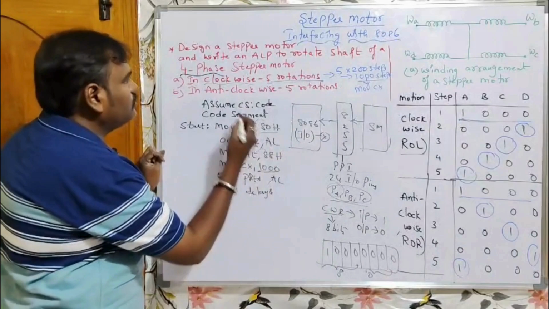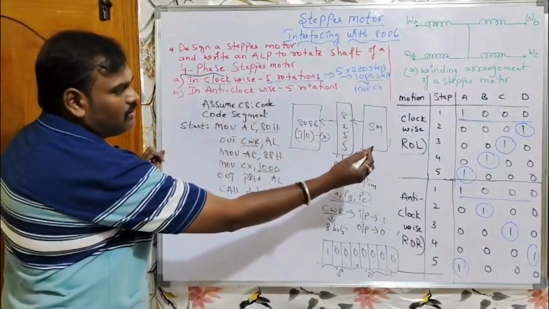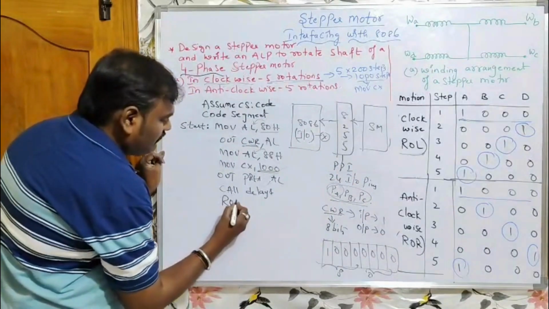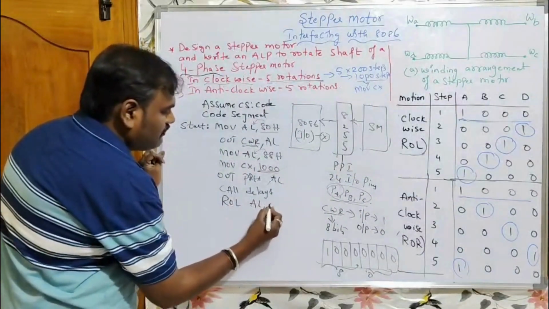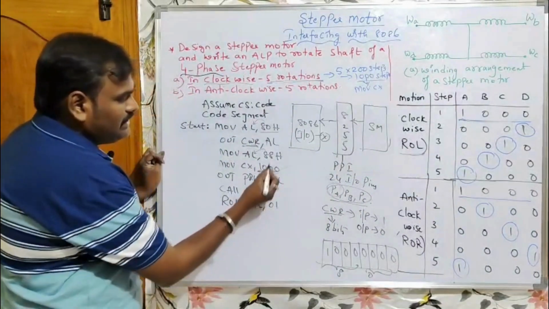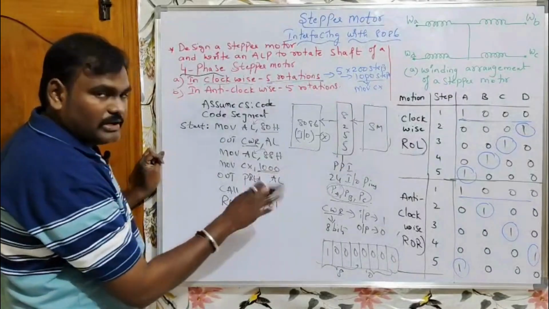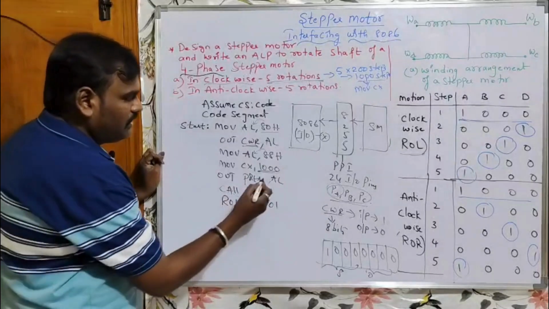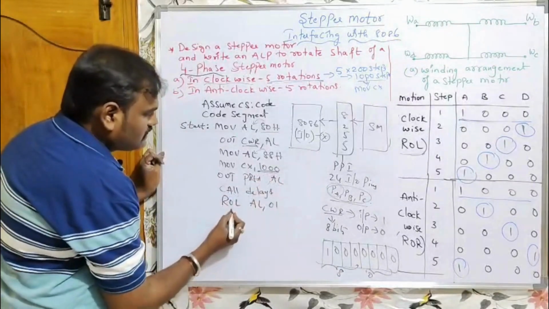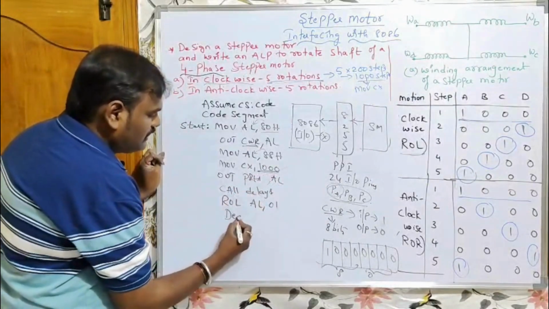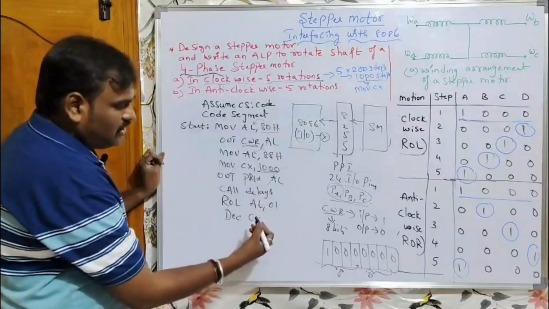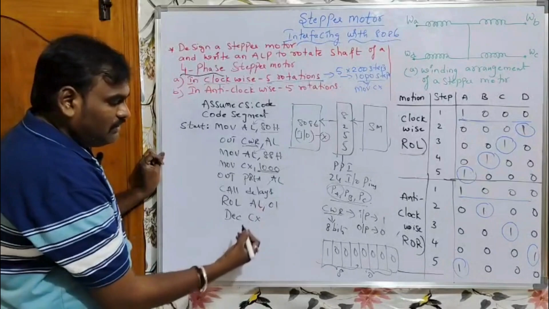And next we need to perform the clockwise rotation now. For clockwise, which instruction do we need to use? ROL. So ROL AL, 01: in AL it is having 88, and we need to rotate left 1 time. For how many times do we need to rotate it? 1000 times now. So for this we need to decrement the count, DEC CX.